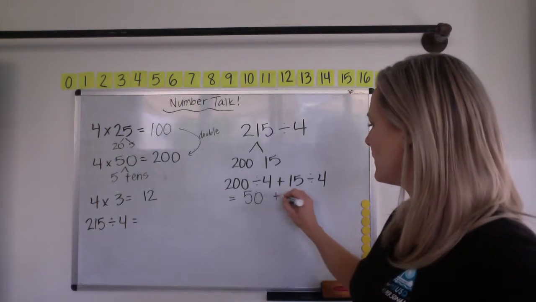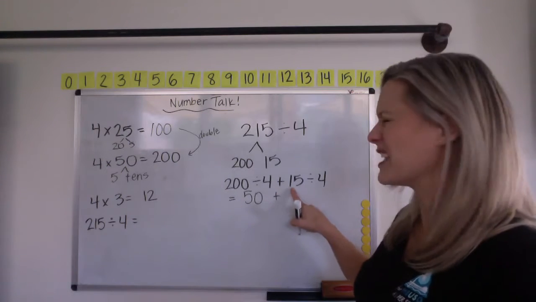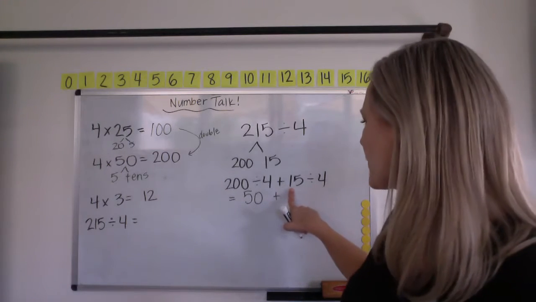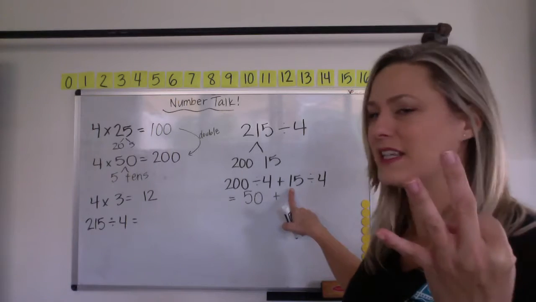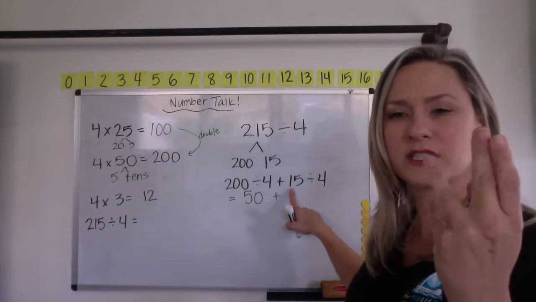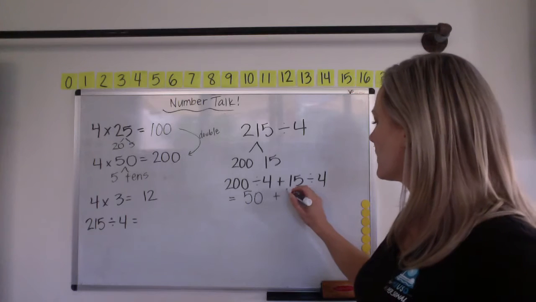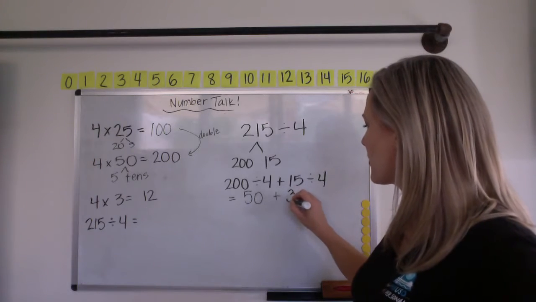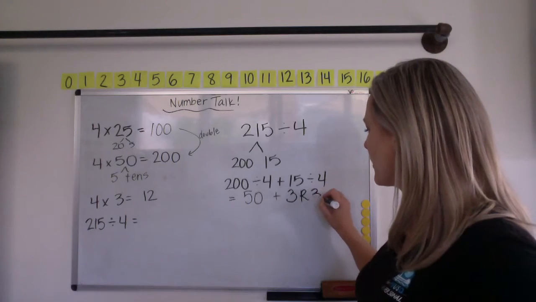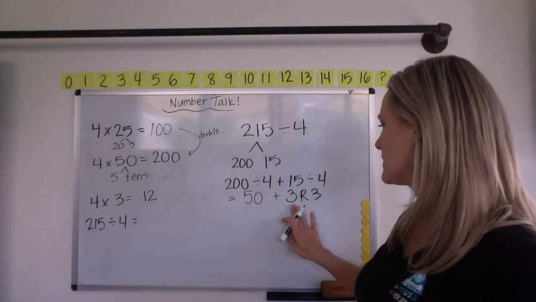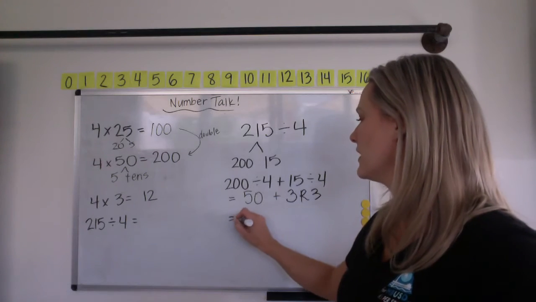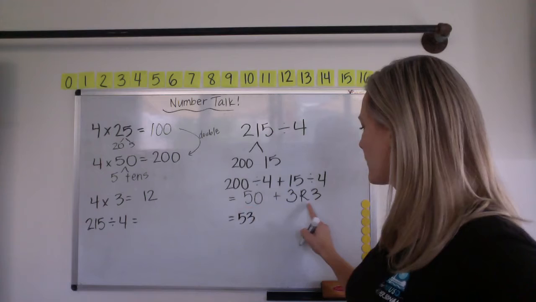So this would be the same as 12 divided by 4 and then having 3 left. 12, 13, 14, 15. Okay, so that would make this be 3, remainder 3. So 50 plus 3 is 53 with a remainder of 3.